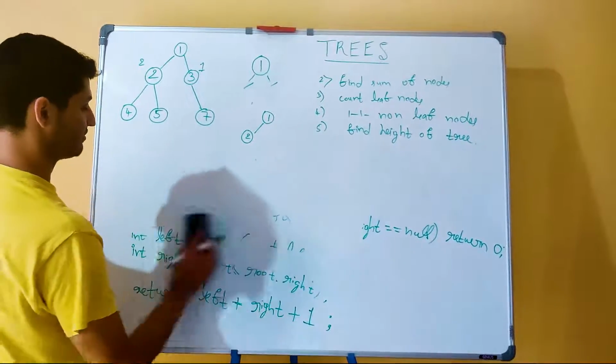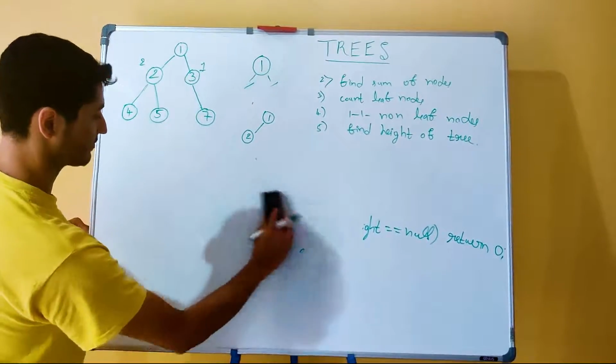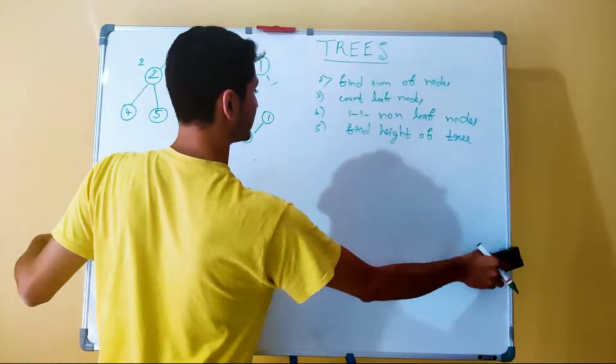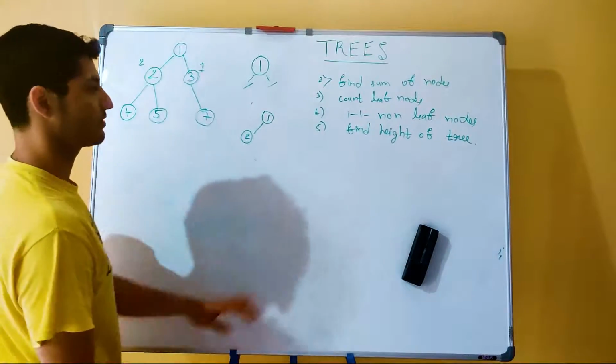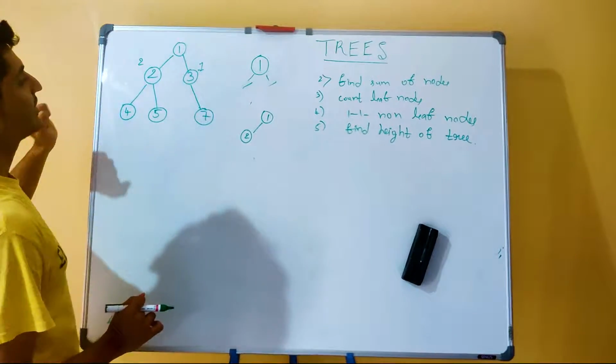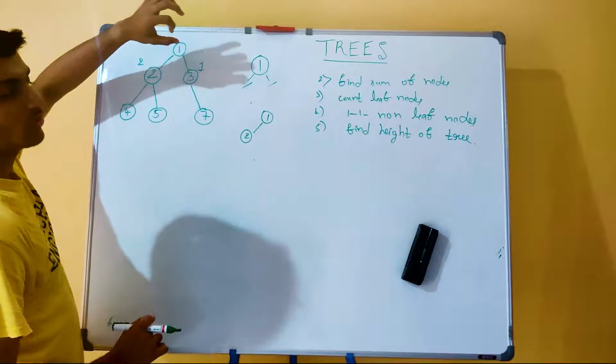Similarly, to find the height of the tree. Okay, so to find the height of the tree. Given a tree, the height of the tree is the height of the root node.